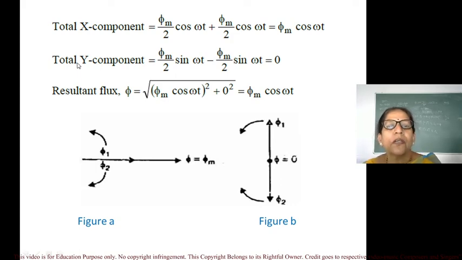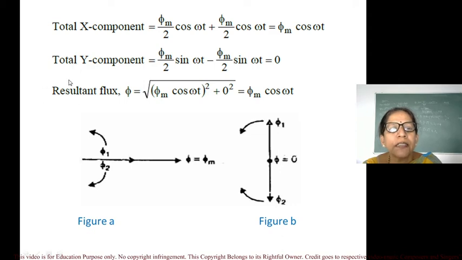Similarly, total y component, if you see, it is again phi m by 2 sin omega t for first flux, and for the second one it will be minus phi m by 2 sin omega t. As they are equal and opposite, the resultant y component value will be 0. So these are the additions of the two x components and the two y components.